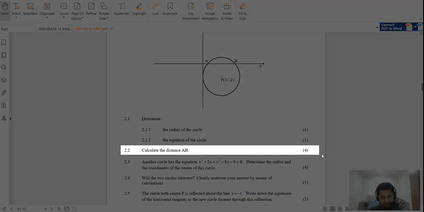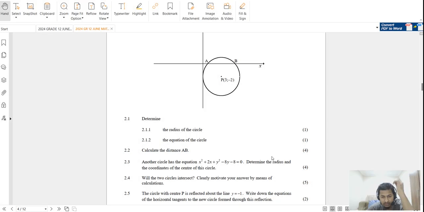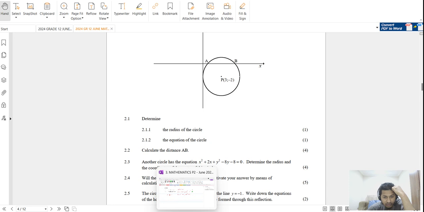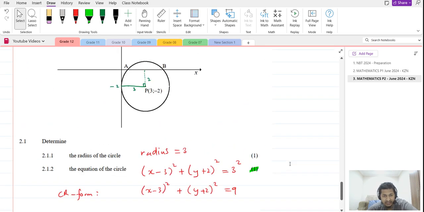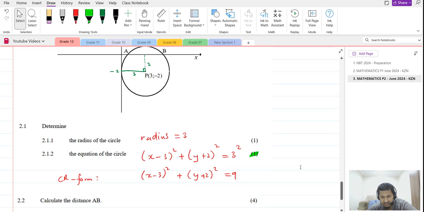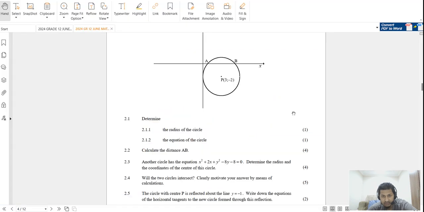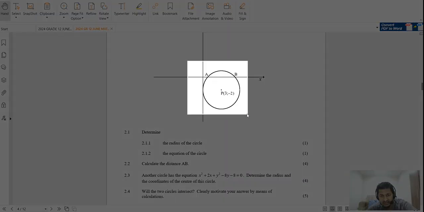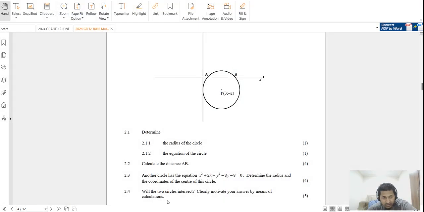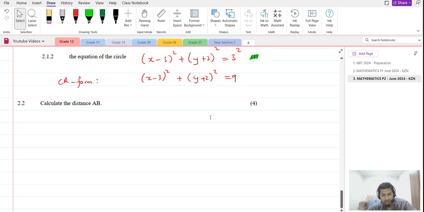Calculate the distance AB. To calculate the distance AB, how can we do it? Let's take the circle here. Remember we have the equation of the circle already. Since we have the equation of the circle, we can calculate the distance AB.